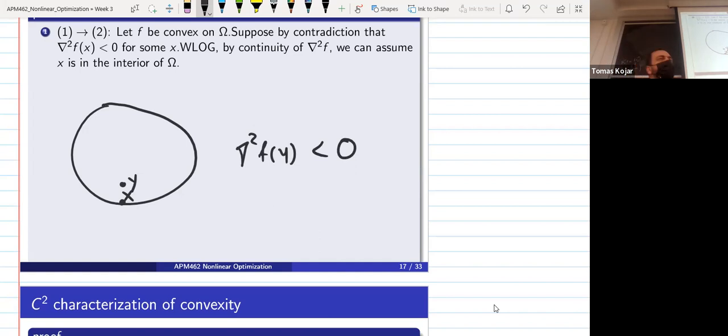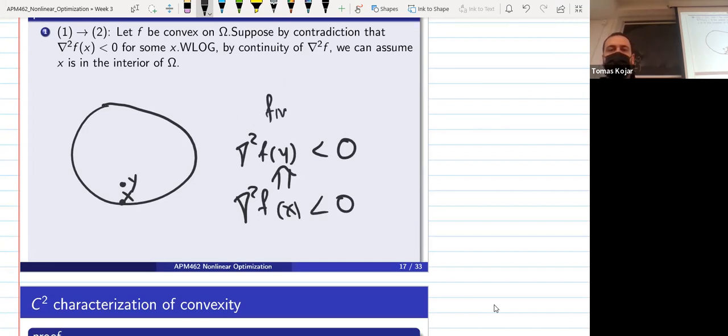I know I write these things, but I want to see if people understand. How would you do this? Suppose that the Hessian of this function is negative. Find some Y so that this is true. How will this work?